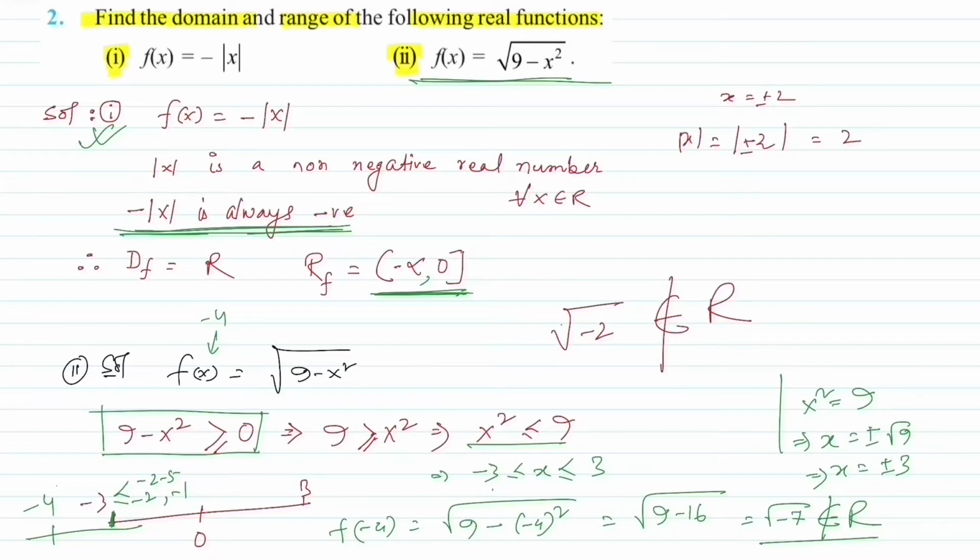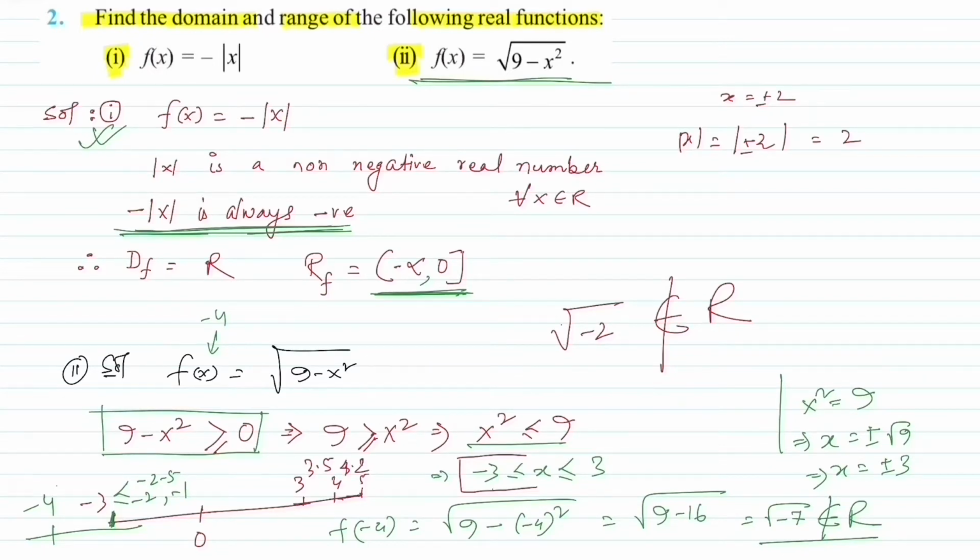So the value of x must be either greater than minus 3 or equal to minus 3. Similarly, if you take any value of x which is greater than 3, it might be 4, 5, maybe 3.5, maybe 4.2.